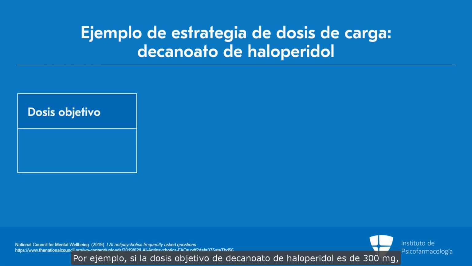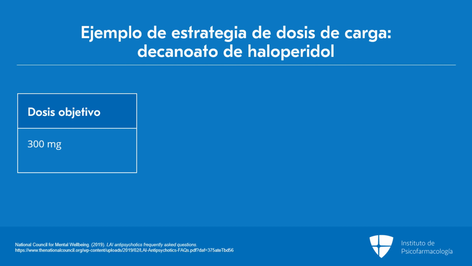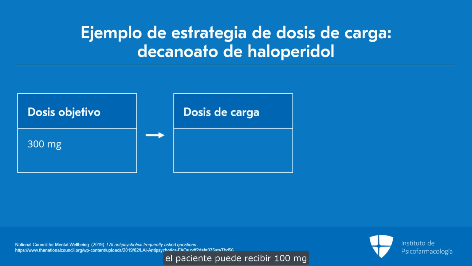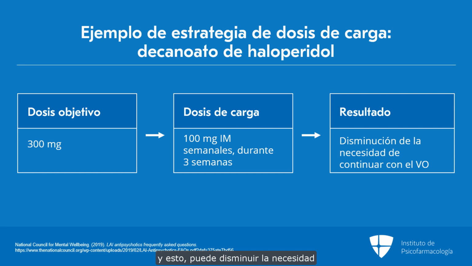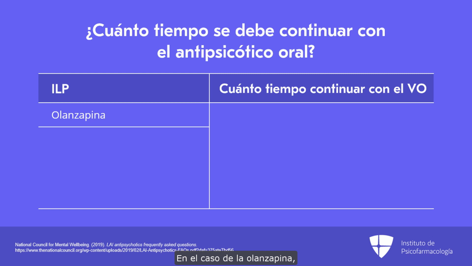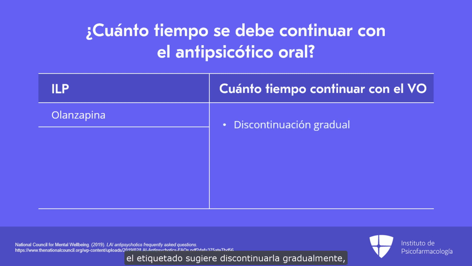So, for example, if your target dose of haloperidol decanoate is 300 milligrams, the patient may be loaded with 100 milligrams IM haloperidol decanoate weekly for 3 weeks. And this can decrease the need for oral supplementation. With olanzapine, the labeling suggests gradual discontinuation, and we'll discuss this in a vignette of sorts.